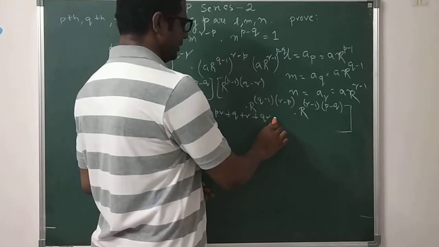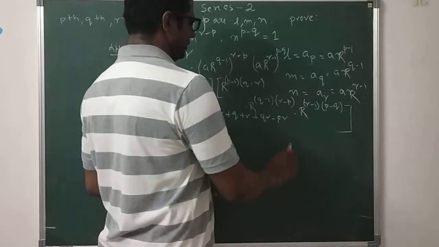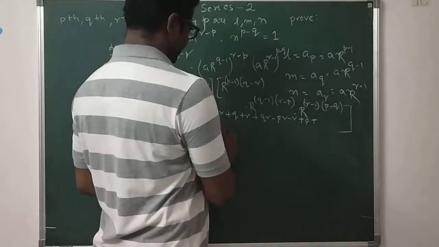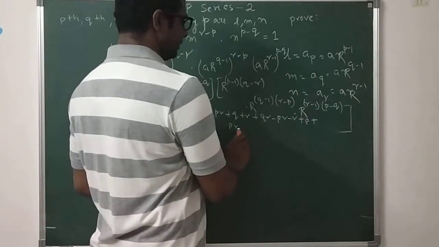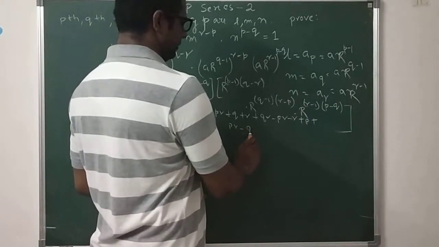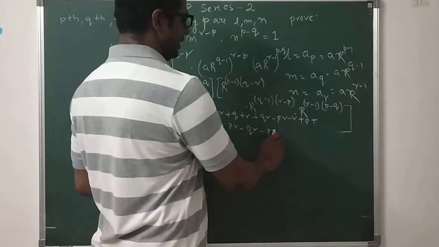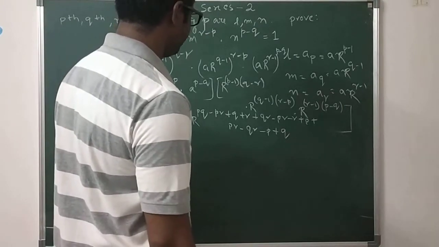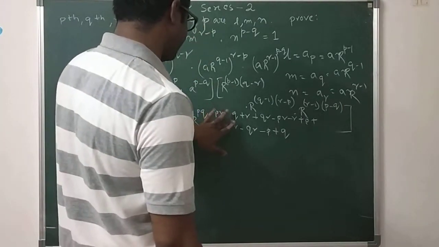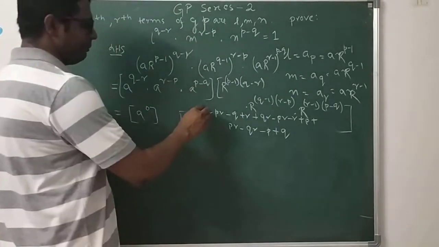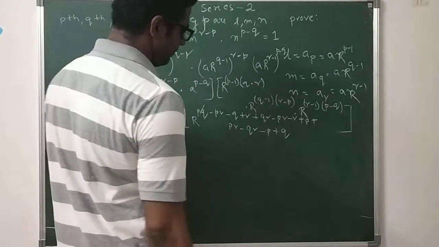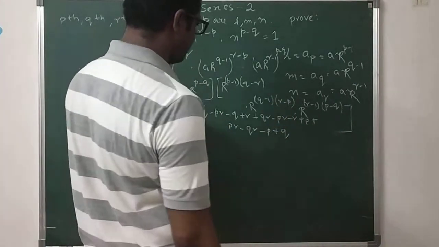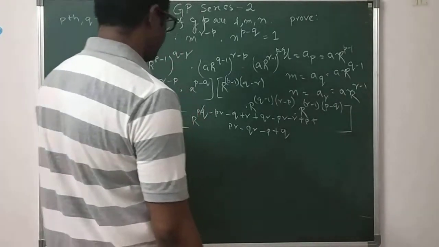Plus QR minus PR minus R plus P plus PR minus QR minus P plus Q. This will be minus Q. Okay. Now PQ. Am I not getting any other PQ? There has to be another PQ. Check it out.